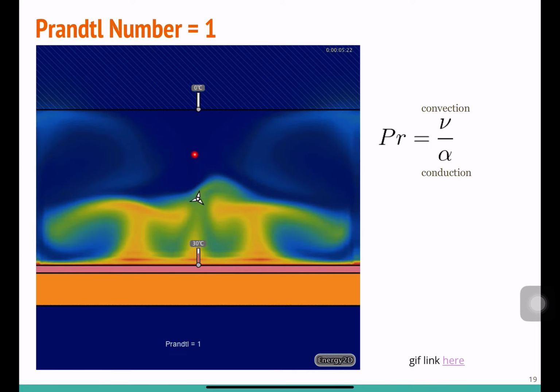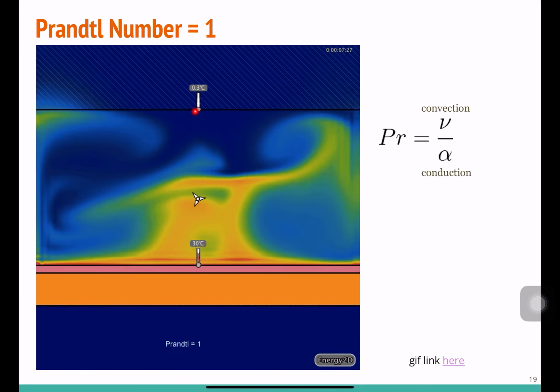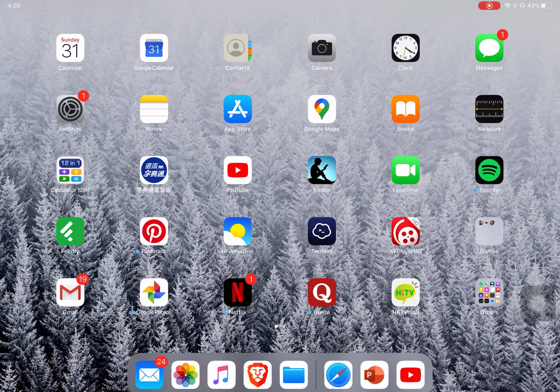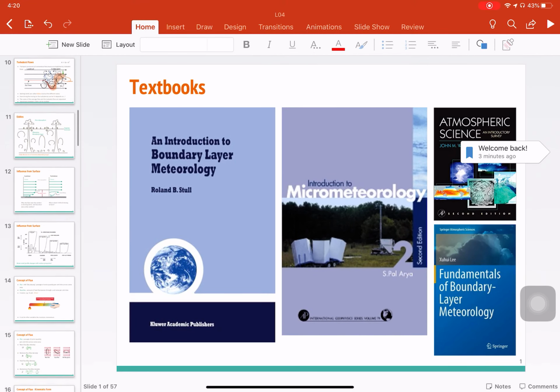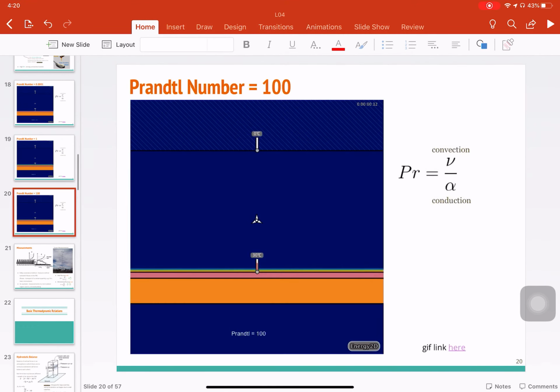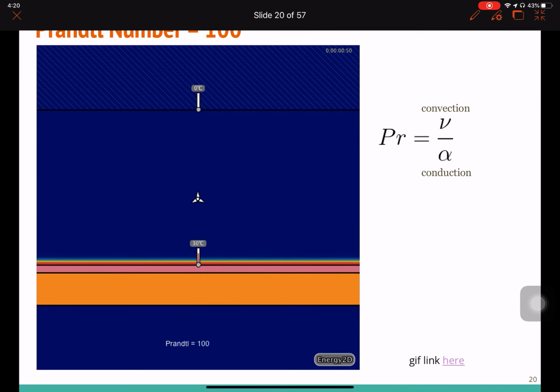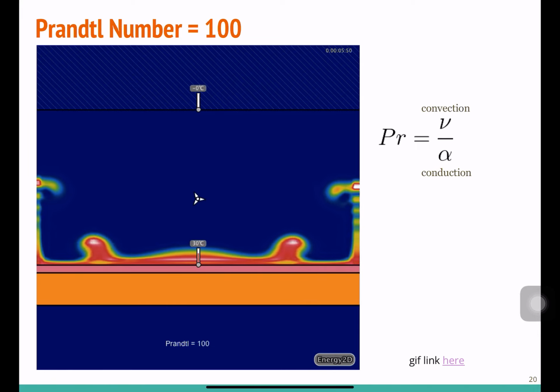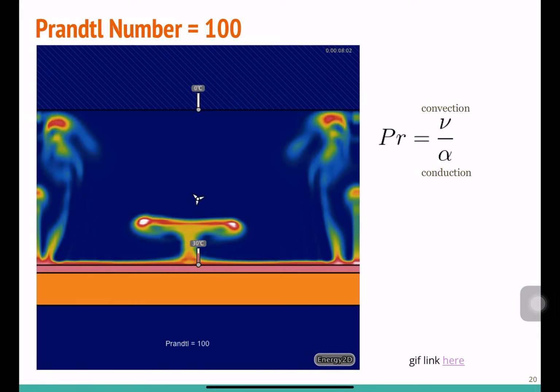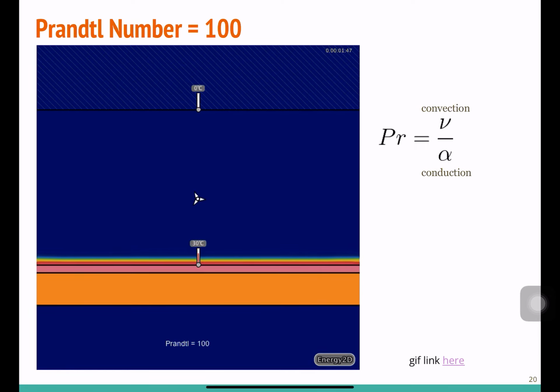So heat is transferring up, and you can see the temperature from the thermometer is changing. The third case, we have the Prandtl number equal to 100, which means that convection is doing the job of transferring heat instead of conduction.